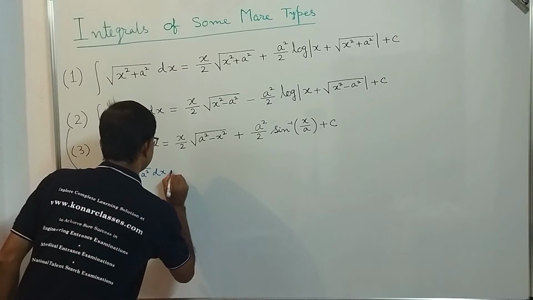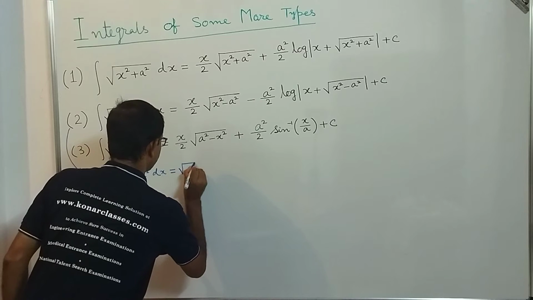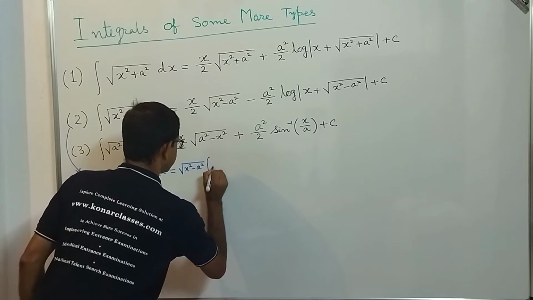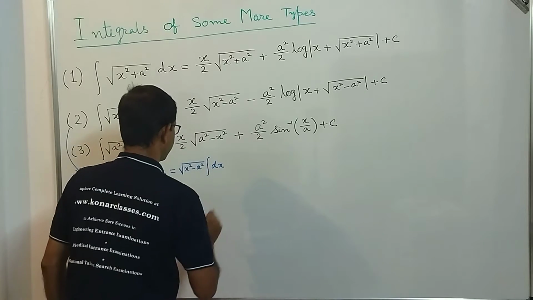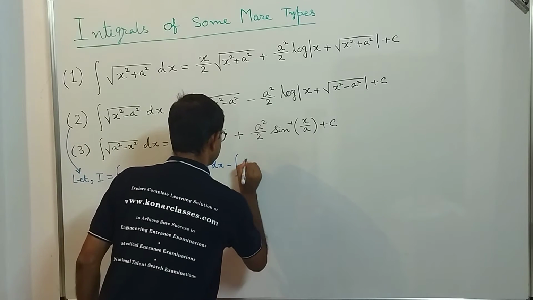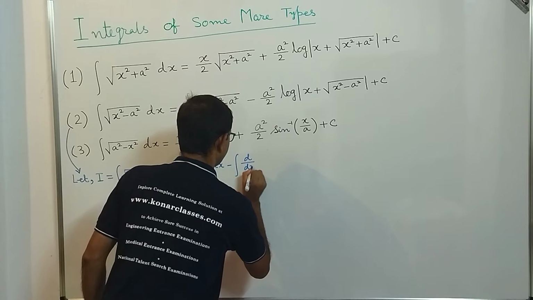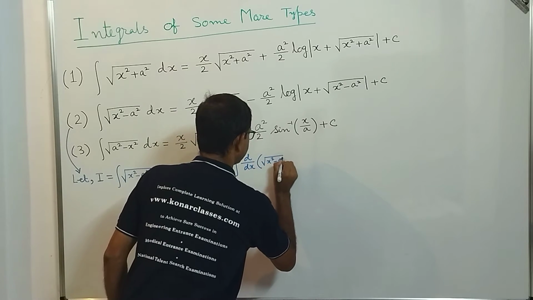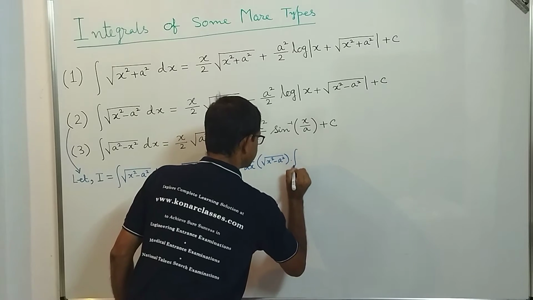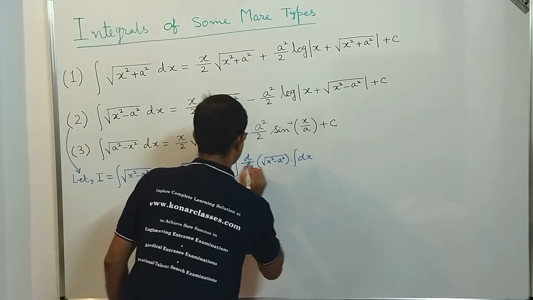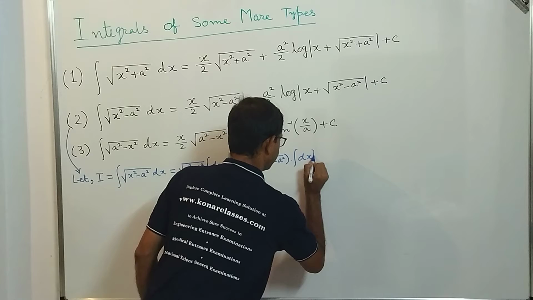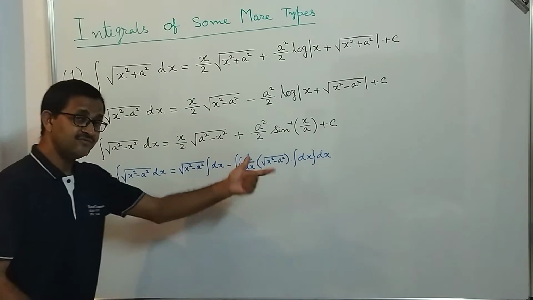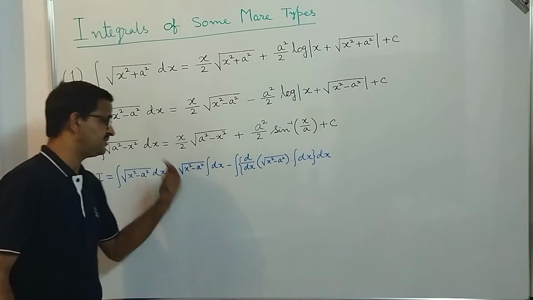Then what we are going to get, dear students, is square root of x square minus a square into the integration of 1 dx, that means x, minus the integration of d/dx of square root of x square minus a square into the integration of 1 dx, that means x, then complete dx. Maybe I am going a little fast, but you know that this is integration by parts.